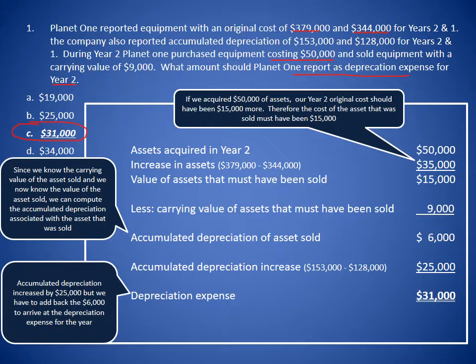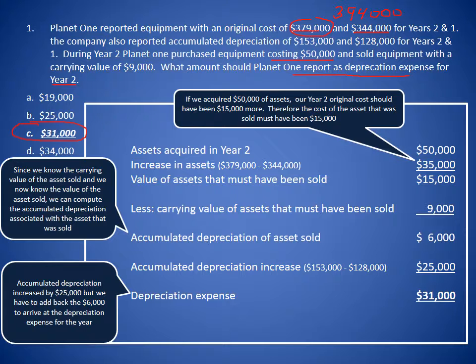Well, if I purchase $50,000 of assets, if I add $50,000 to the 344, my asset cost should have gone up to $394,000. But it didn't in this case. It only went to $379,000. So that means there must have been some type of transaction in terms of the sale of assets where I had to remove the cost associated with those assets.